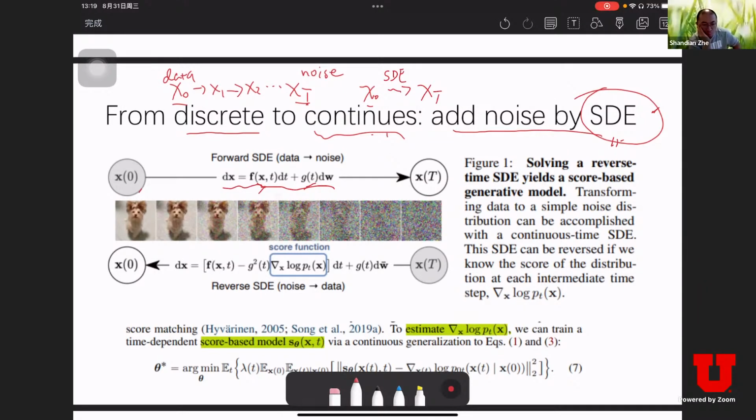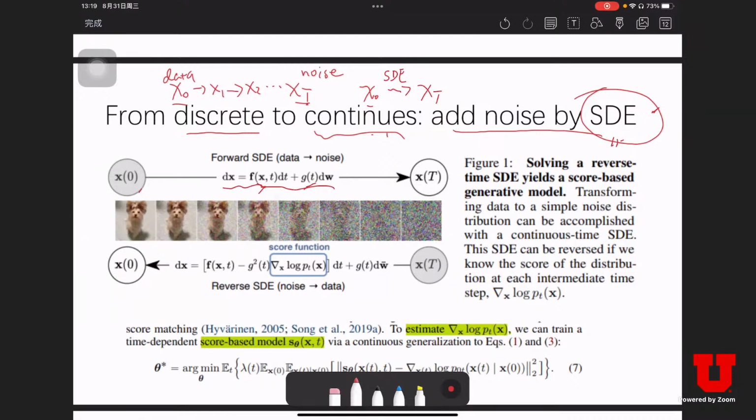Recall in the diffusion model, when given the forward transition like a Gaussian gradually adding noise, we construct also a Gaussian for the backward transition and optimize it.